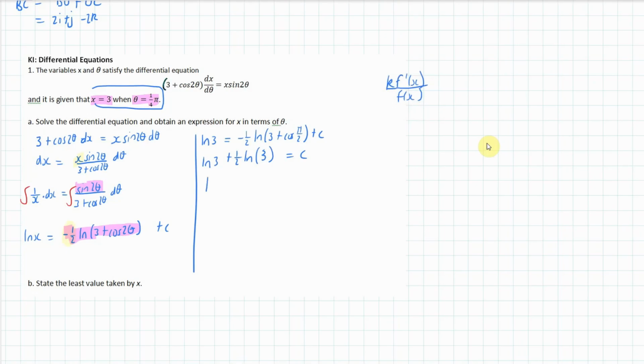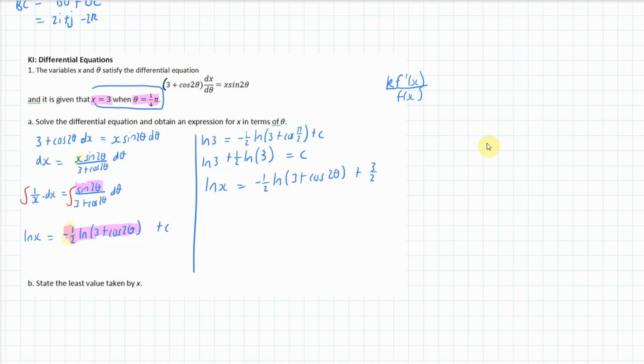And so therefore we've got this formula: ln x equals negative 1/2 ln (3 plus cosine 2 theta). Sorry, that was a parameter, I can take that out there. Plus, and then we know what c is now, 3 over 2 ln 3.